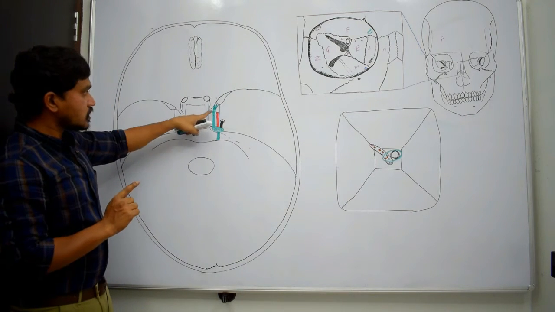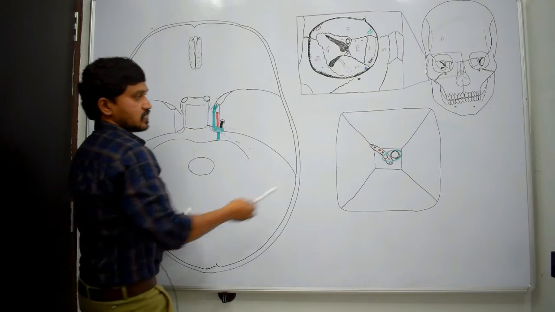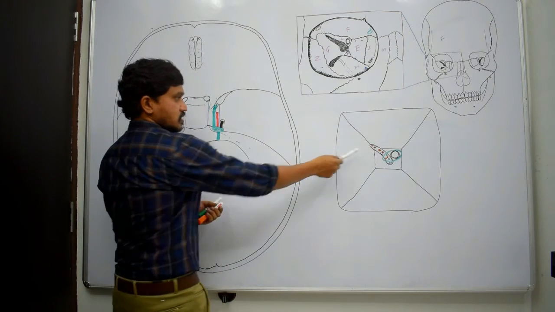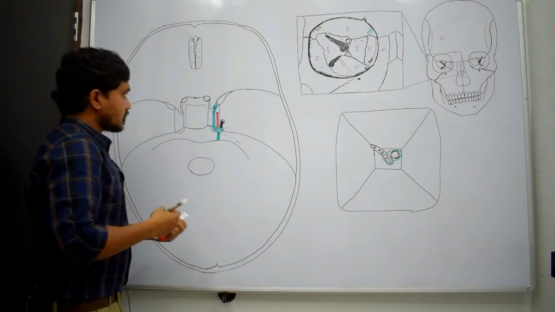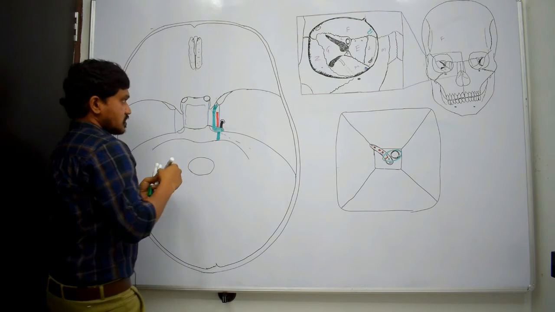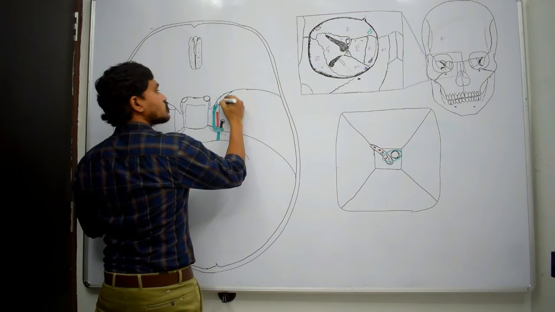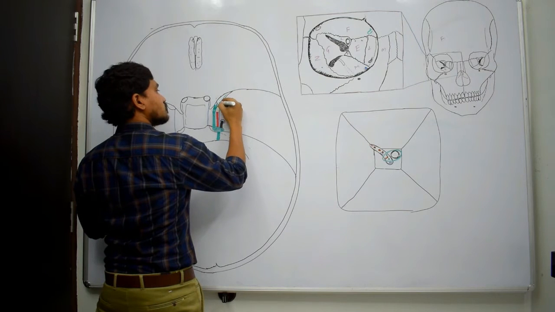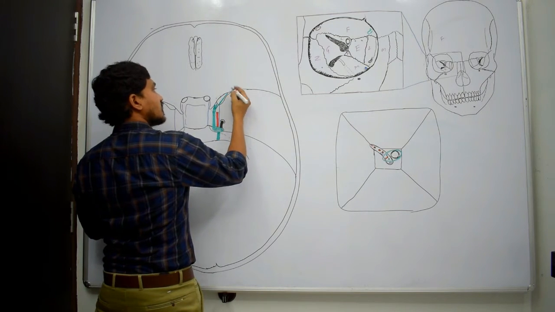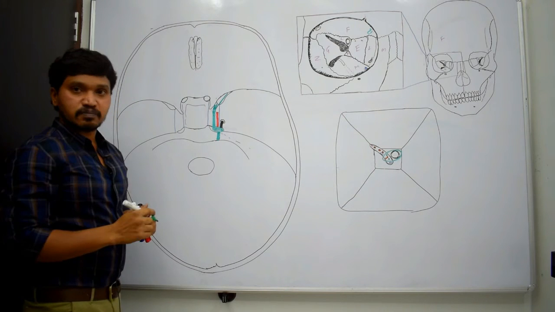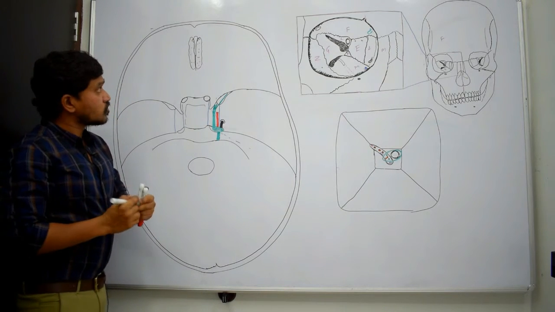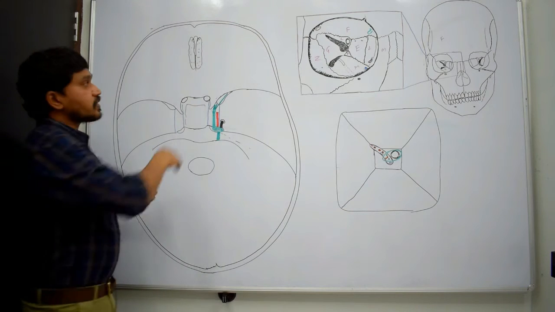Clear? First, if you take the lacrimal branch, that means this branch. This lacrimal branch is passing through the superior orbital fissure and it enters into where? Orbit. So if you want to see the orbit, you have to break this bone.